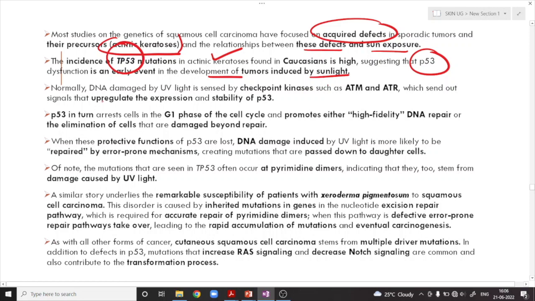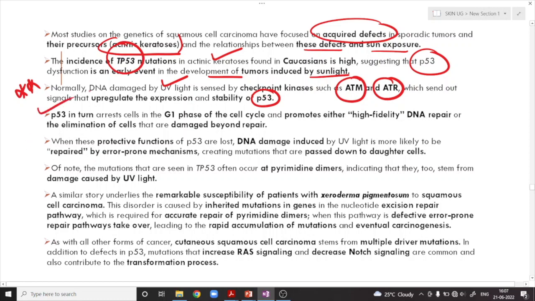Now, normally, as we all know, the DNA damage by ultraviolet light is sensed by certain checkpoint kinases like ATM and ATR. Very importantly, this ATM ATR is going to upregulate the expression and the stability of P53. So once any kind of DNA damage by the UV light occurs, it will be sensed by the ATM ATR, which is going to upregulate the expression of P53.